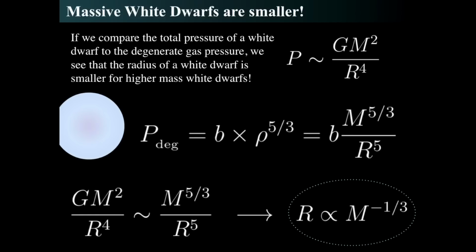So now we can equate those two things, which is the self-gravitational pressure, GM squared over R to the 4th, which is the pressure due to the entire star pressing on itself, due to gravity, and we equate that roughly to the degeneracy gas pressure, which is M, the mass of the star, to the 5/3 power divided by the radius to the 5th power, and solve the algebra, and we find that the radius of a white dwarf is proportional to the mass to the minus 1/3 power.